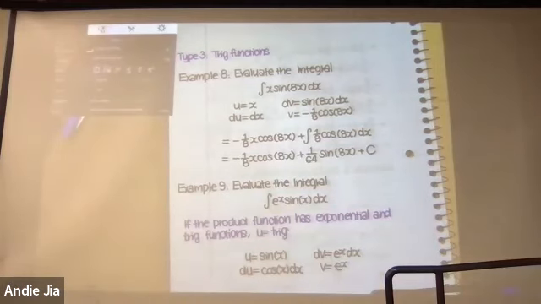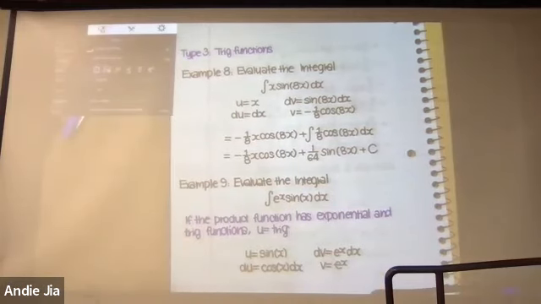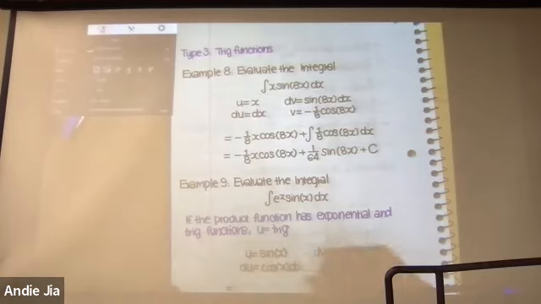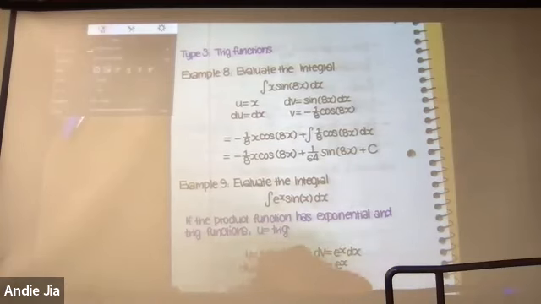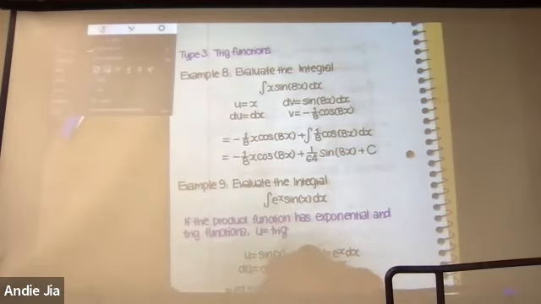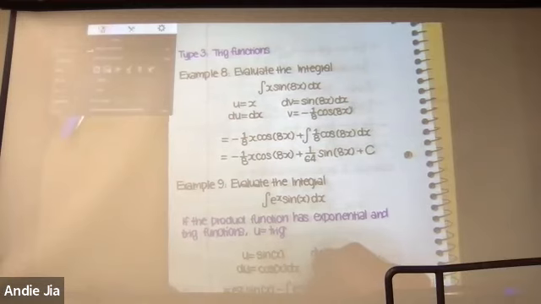Your integration is going to be uv, it is e^x sine of x, minus the integral of e^x cosine of x dx.